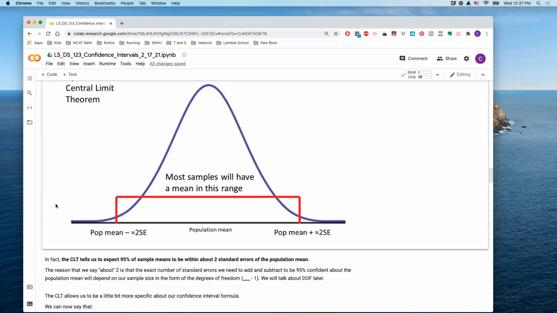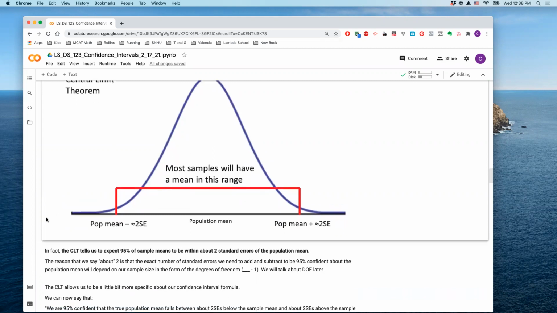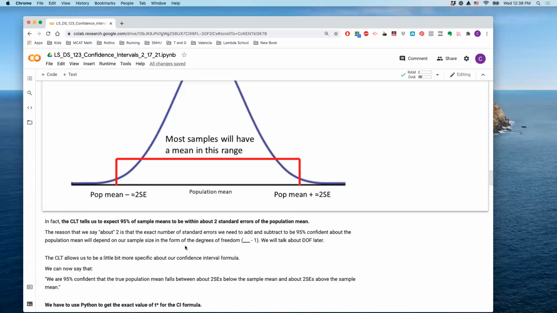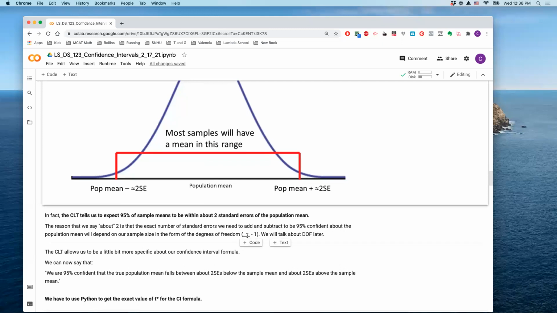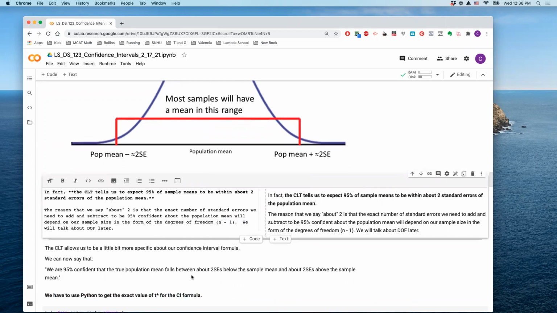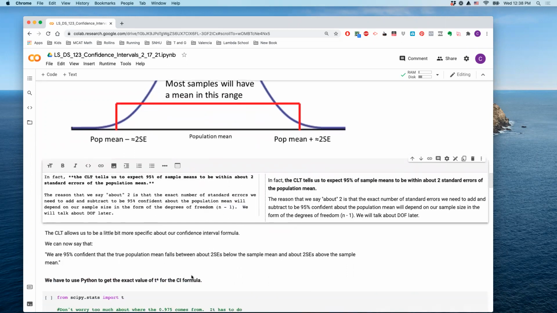So we are saying about 2, and I'm saying about 2 for a reason. And that reason is that the exact number that's about 2 is going to depend a little bit on our sample size in the form of this quantity called the degrees of freedom. And again, I said degrees of freedom is one of those things that students really don't like because it's a hard concept to explain.